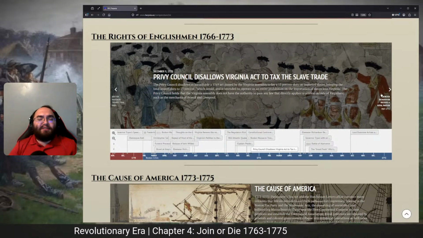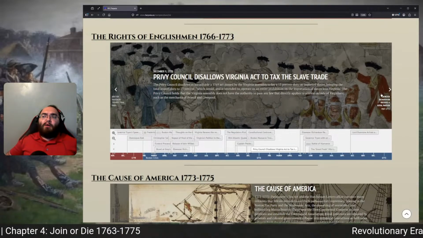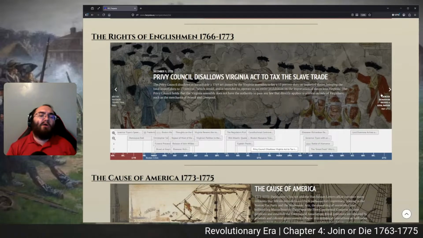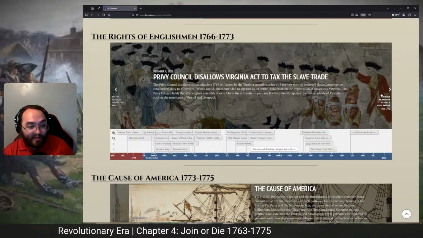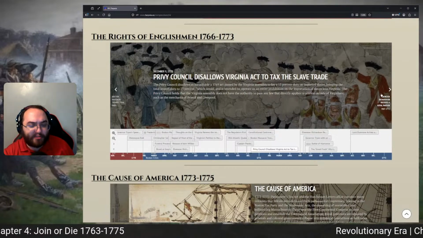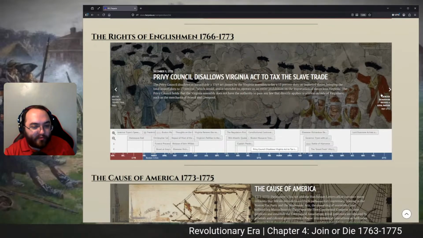And so Virginia is very interesting. You have a bunch of people, most of them in Virginia, especially the House of Burgesses, who are slave owners. However, at the same time, they're trying to restrict the slave trade. It's weird.